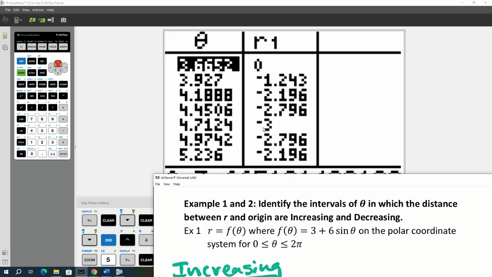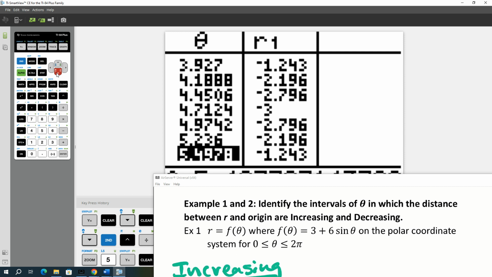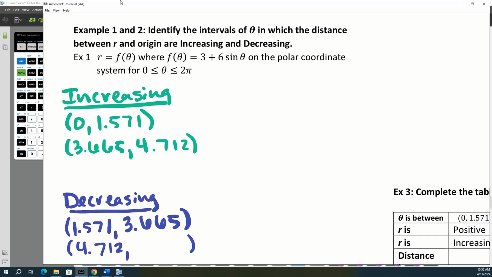All right, so at 4.712, r is negative, but it starts increasing until we get to 5.7596, however you want to write it. And then we're switching back to increasing there.